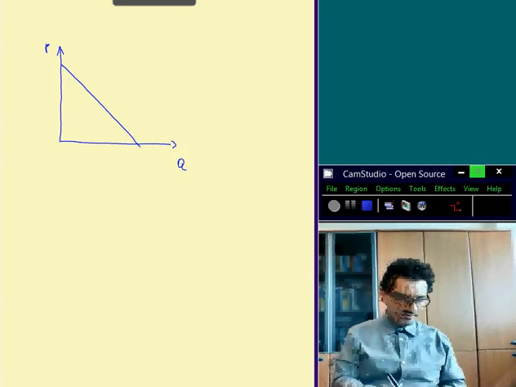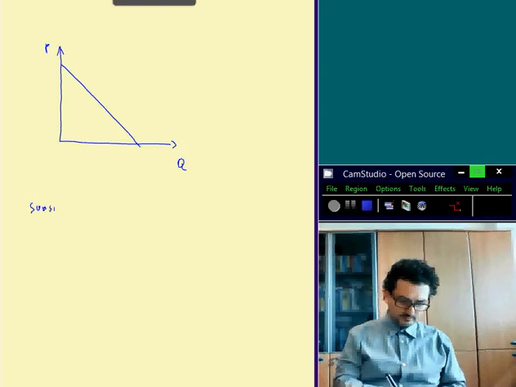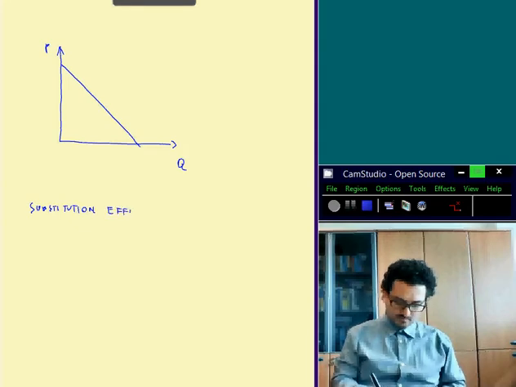What is called a substitution effect, and an income effect.